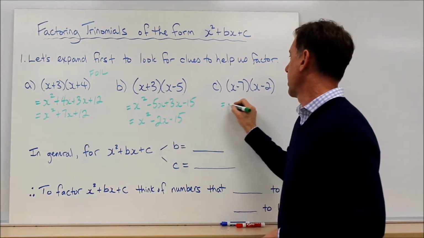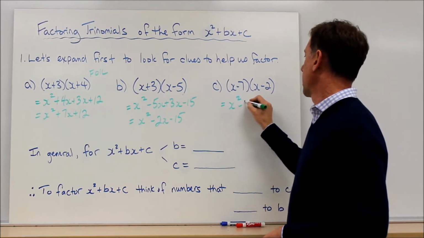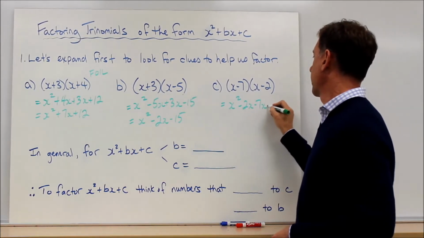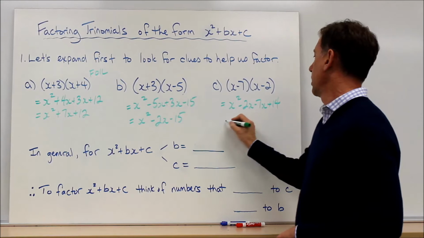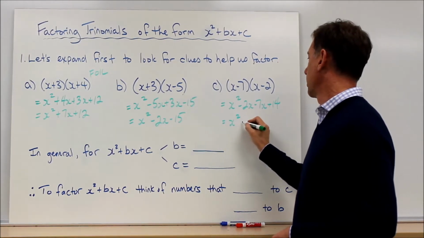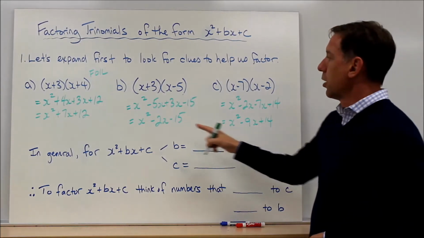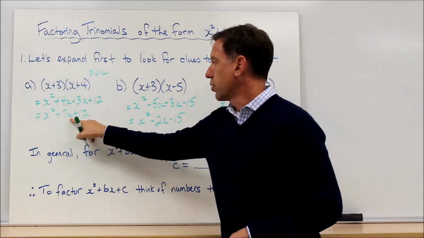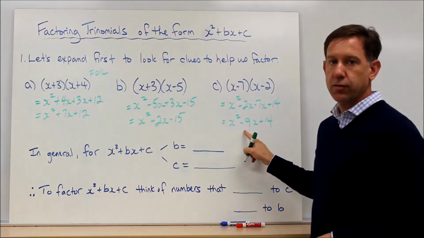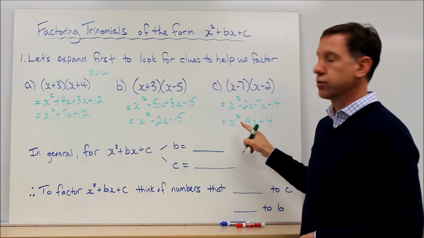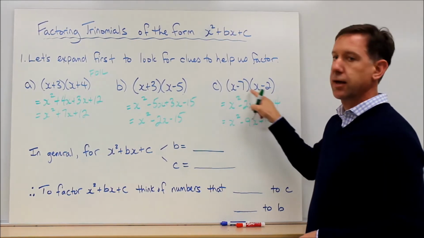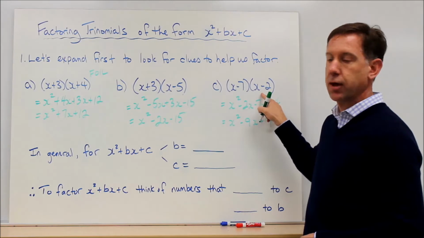And last example, same, x squared minus 2x minus 7x plus 14. And again, another trinomial, x squared minus 9x plus 14. So what we want to do for today is take these trinomials, factor them, get them back into the original form of two brackets, two binomials up here, okay?